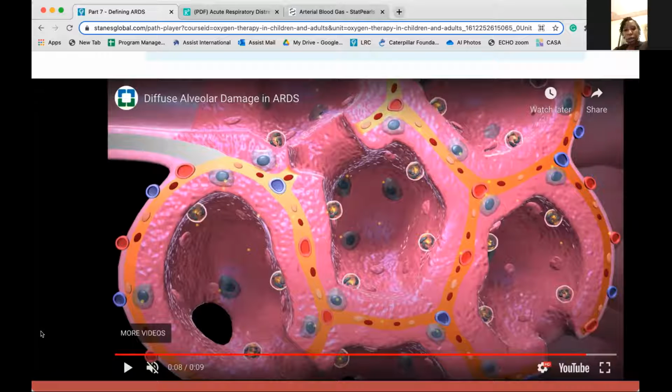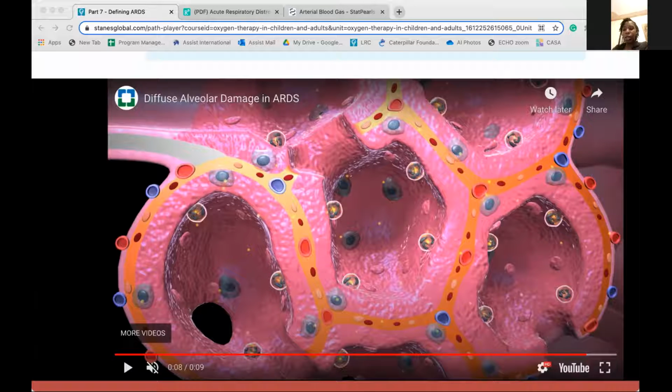Then the second stage is called the fibroproliferative stage. In this stage, we'll send you the resources for this. It occurs ideally after the 10th day, after the 7th to 10th day. There is no definitive period when it exactly ends. It's around 2 to 3 weeks.